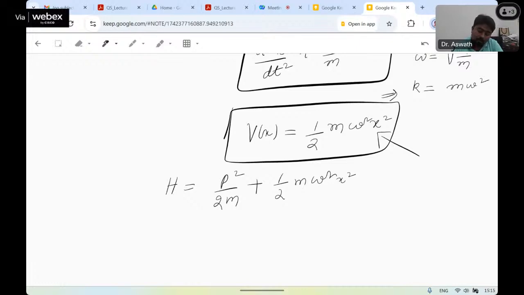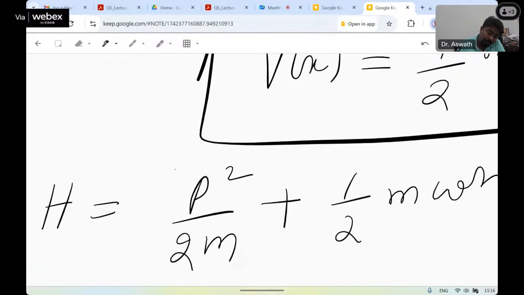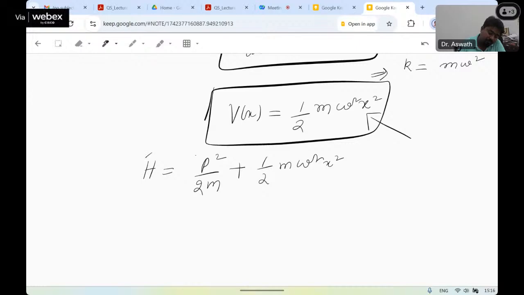But I am not concerned about the total energy of the classical system. I am concerned about the quantum system, where the total energy takes an operator form, with a hat: momentum becomes the momentum operator, and x becomes the x operator.